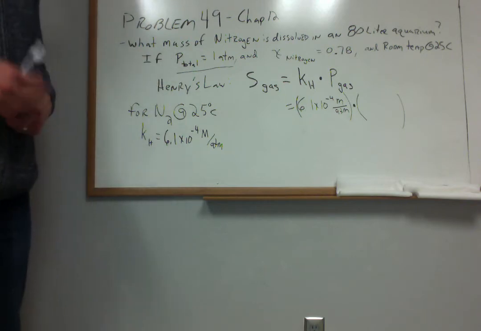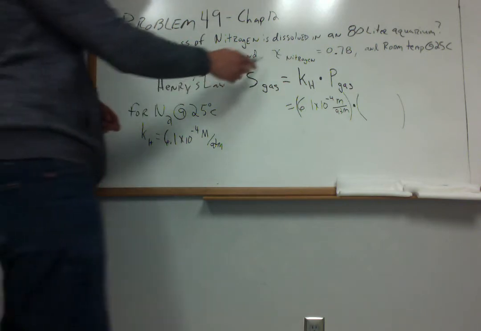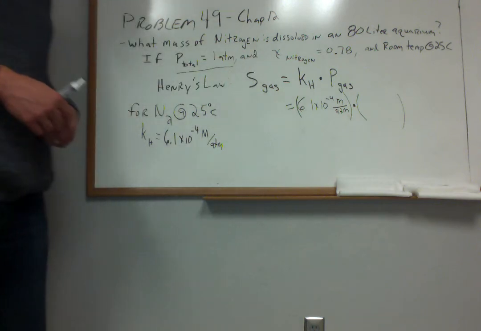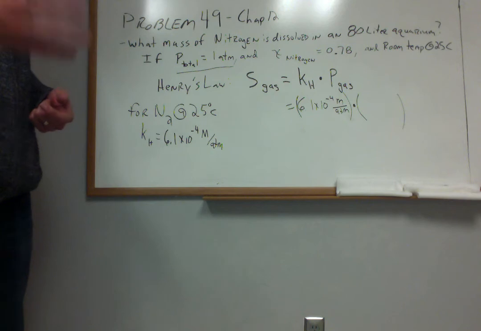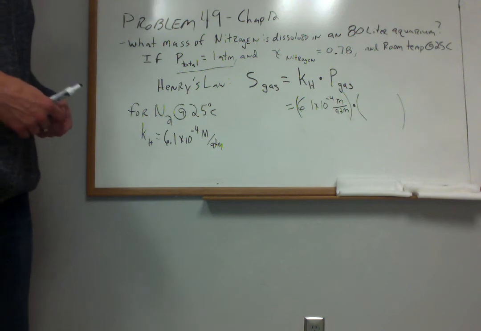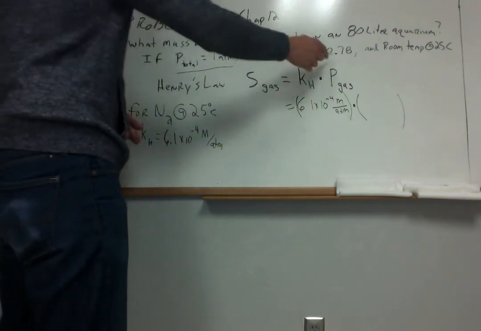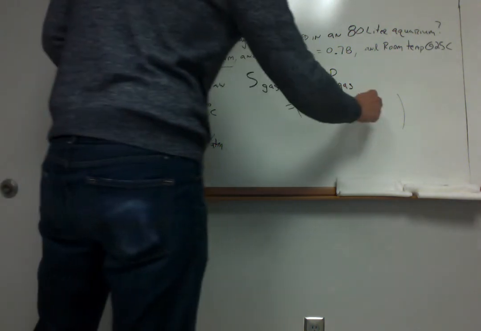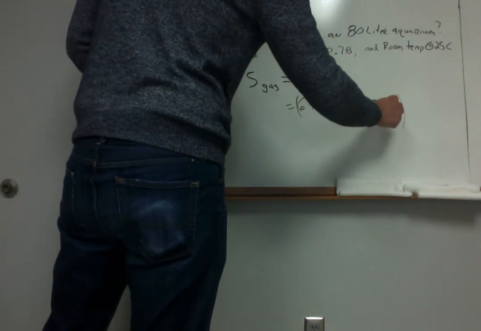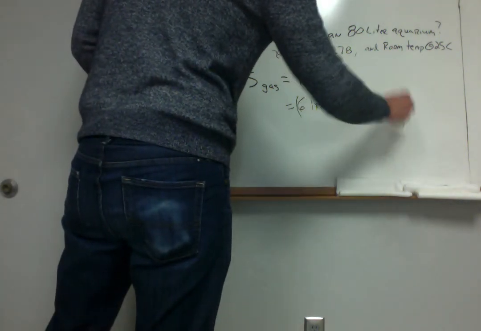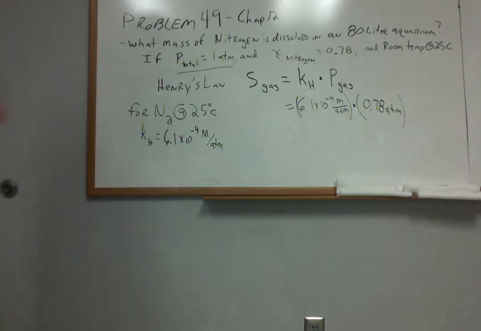But the easy thing about this is that because we're given the mole fraction, and because gases are assumed to behave ideally, thereby exerting a pressure that's proportional to their mole fraction, we can easily multiply these numbers together and decide that the partial pressure of the nitrogen is 0.78 atmospheres as a consequence of this rule of partial pressures of gases. Okay, so there we have it. We've got our two numbers.